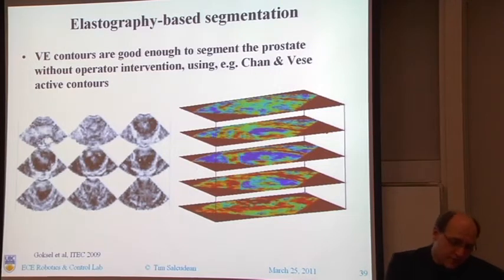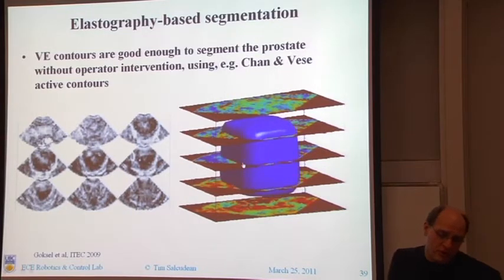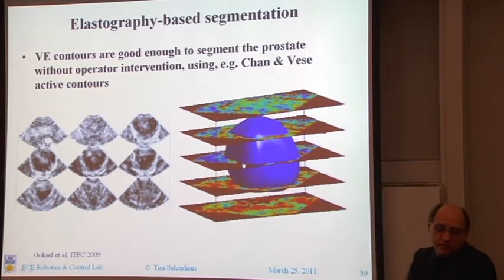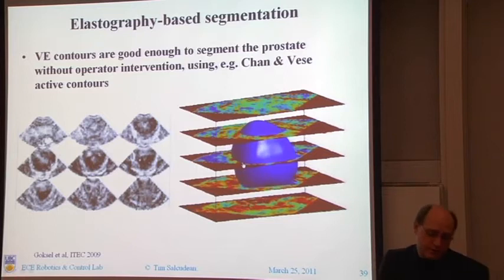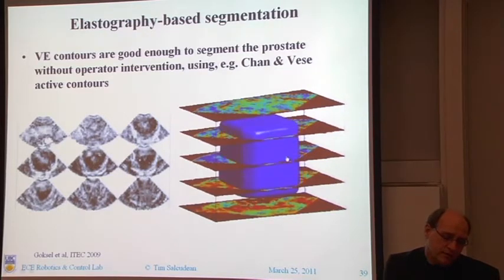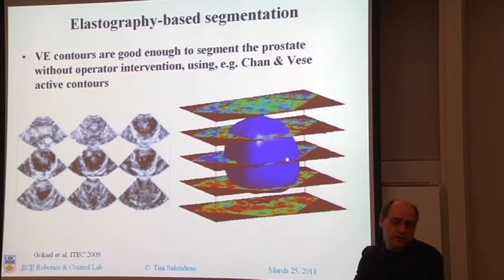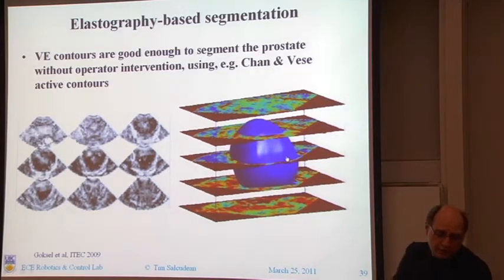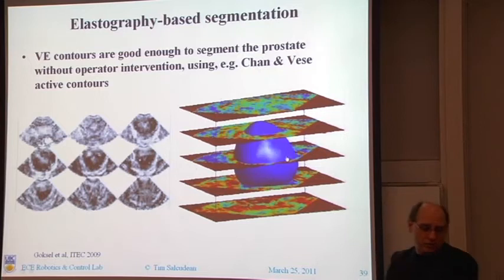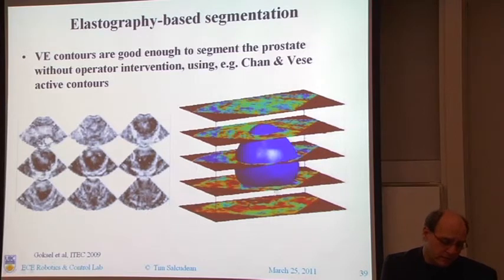These contours, in fact, are good enough to use something like Chan-Vese active contours to automatically segment the prostate. So you basically start with a bounding volume, and you use a fairly vanilla version of Chan-Vese active contours, and you basically get a reasonable hands-free segmentation of the prostate.